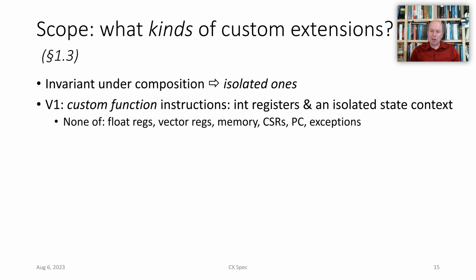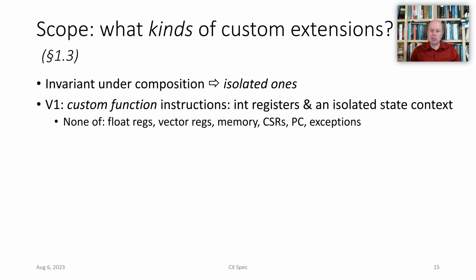The scope of our work, that is, what kinds of custom extensions can we support, was the subject of much debate. As this is a composable extension specification, we support extensions that are invariant under composition. That is, extensions whose behaviors do not change when combined together alongside others. The common property of such extensions is that they are completely isolated from each other, or shared nothing.